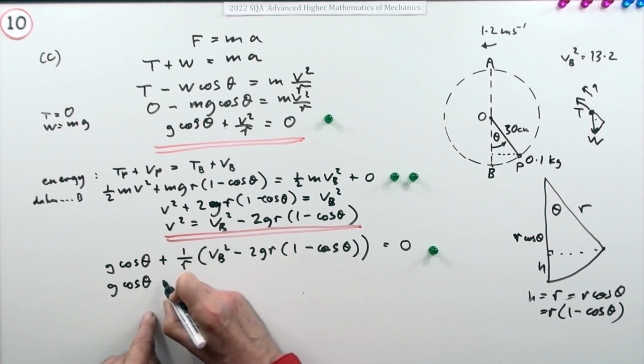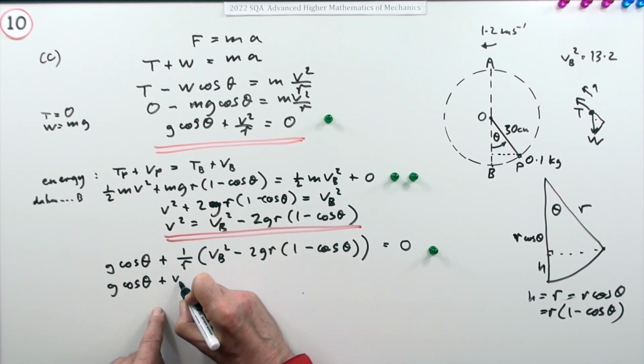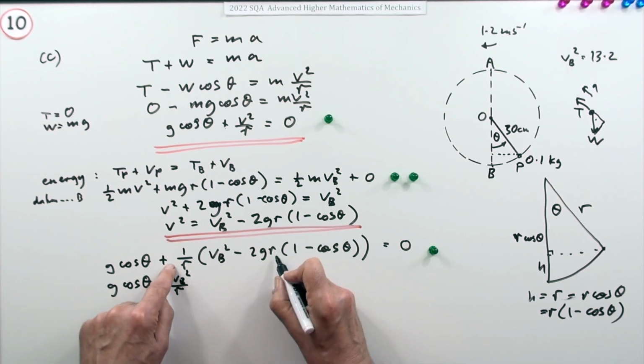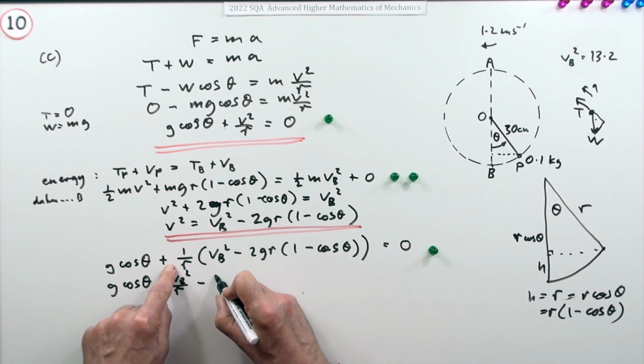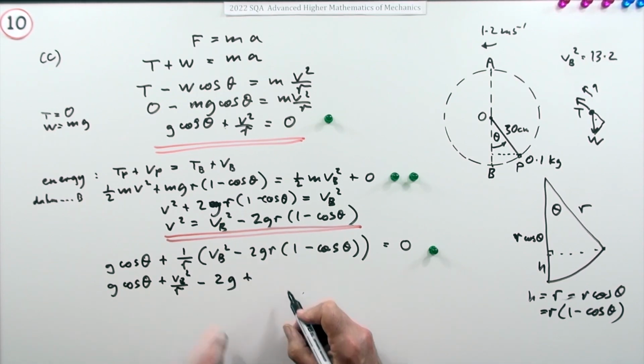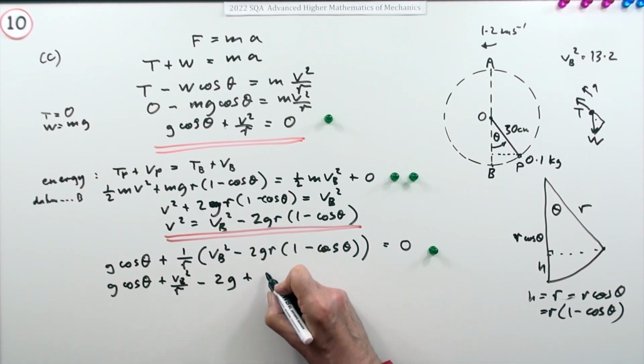So that's going to be, there's a nasty one, vb squared upon r, which you'll recognise. Then this bit, there's 2 parts here now. That r will cancel out, so I've got a minus 2g just, and a minus minus, that'll be a plus, that'll cancel it again, 2g cos theta.